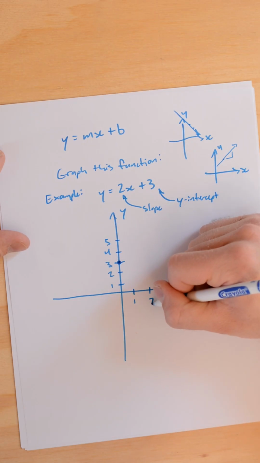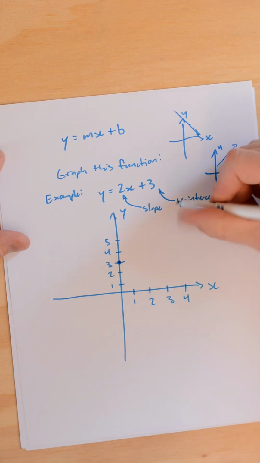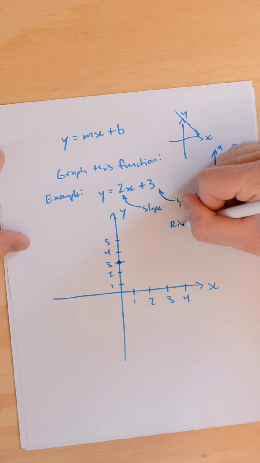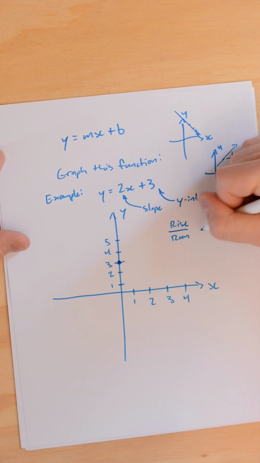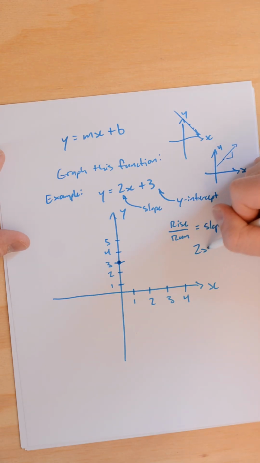And remember, we're going to talk first about slope being rise over run equals slope. So if I have 2x, that means my slope is 2 over 1, because we know any number can be written over 1, right?